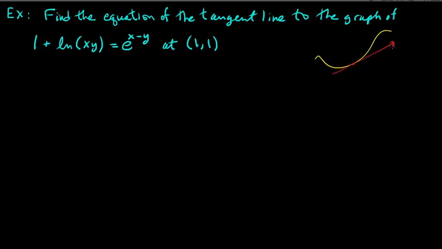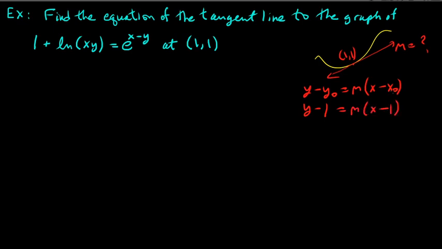And presumably we have a tangent line, and we want to find the equation. If you remember, to find the equation, we need the point, which is (1, 1). That's my x0, y0, so x0 is 1 and y0 is 1. But in order to find the equation, we need m, we need the slope.